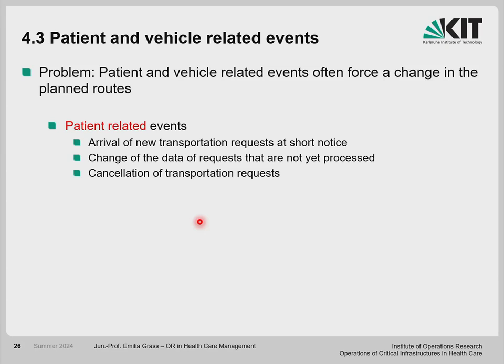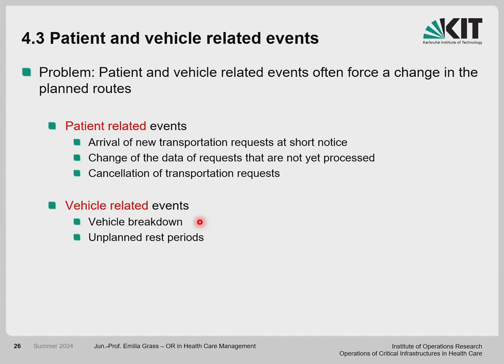It could be that the data of requests changes and the dispatcher has no time to forward it to the transportation team, so they don't know what exactly is happening right now. And of course, you could also have the cancellation of transportation requests. Some of you also said that.